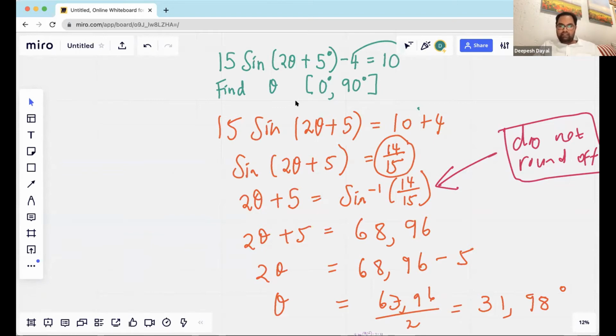If you can just write it down. Find angle A, where A is between minus 90 and 90. Let's try that out.